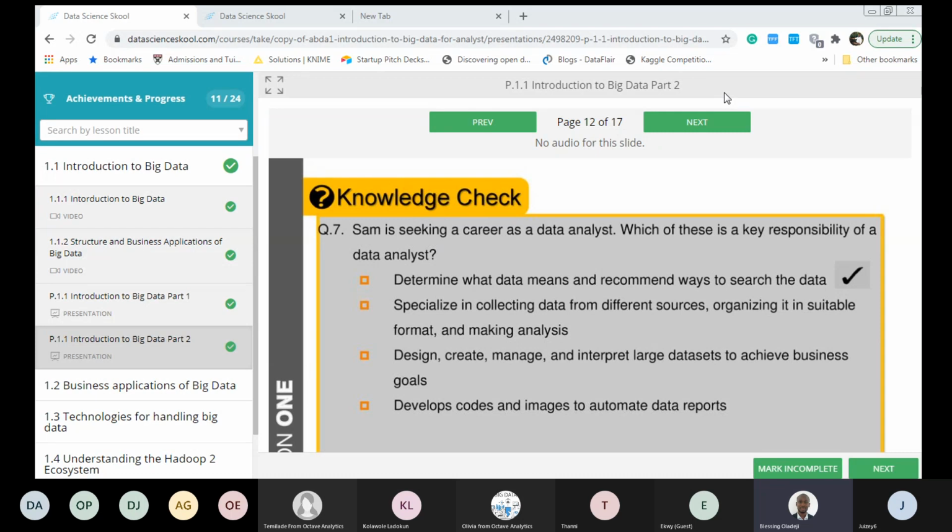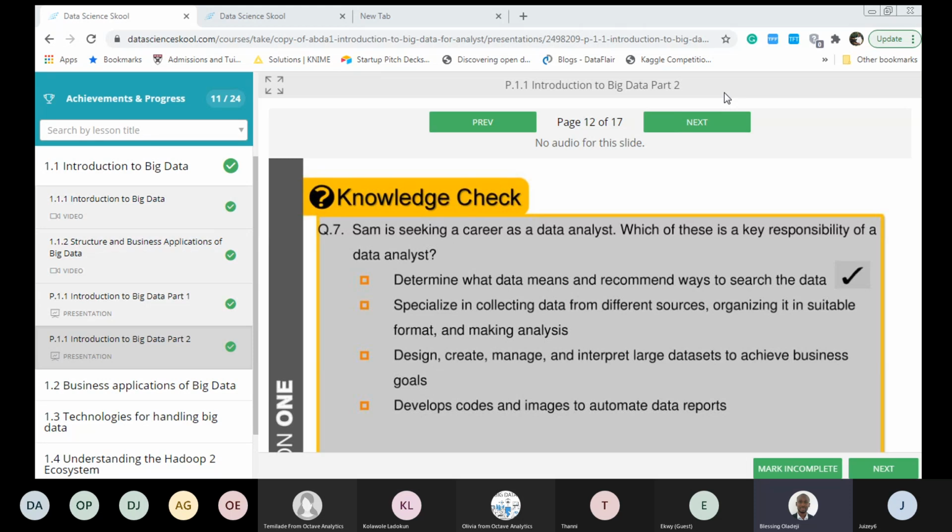Okay, so when you look at it, people who have been data analysts in some organization, when they look through all four, they can say, oh, I do a little bit of it: I write codes, I interpret data, I organize it in some suitable format, and I make analysis.